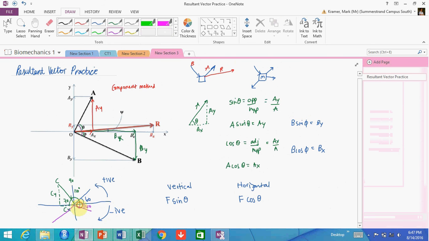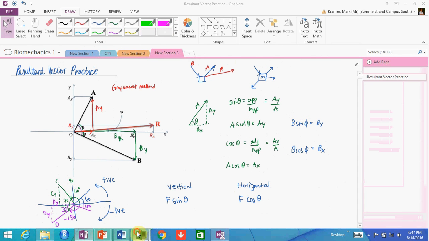So again, it would be rotation in this direction. This would be 150, negative indicating just the direction. So that means that this angle over here would be 30. And again, I could deconstruct something into its horizontal and vertical components, right? So if this was vector D, then this would be dy and this would be dx. Okay, so hopefully that makes sense.